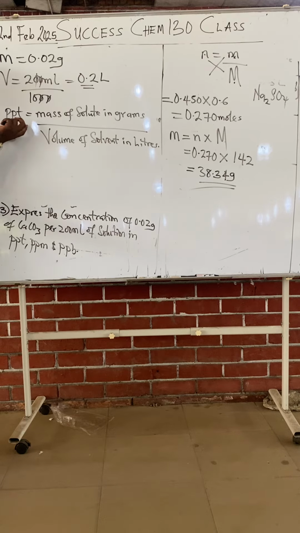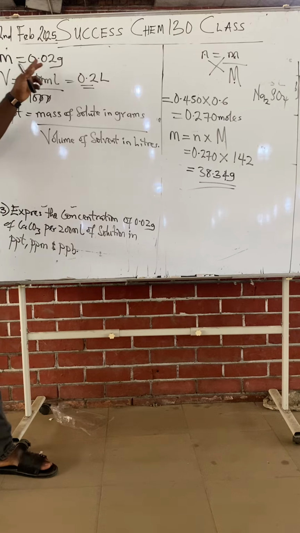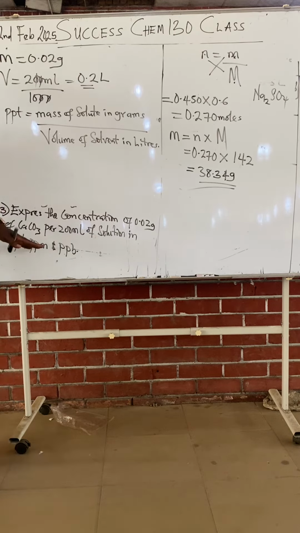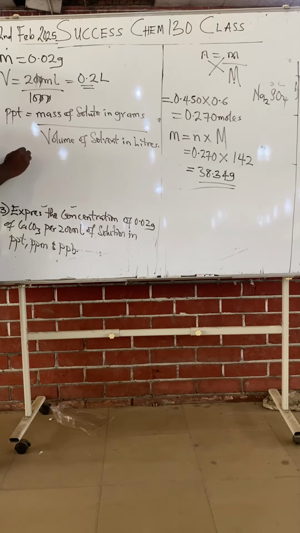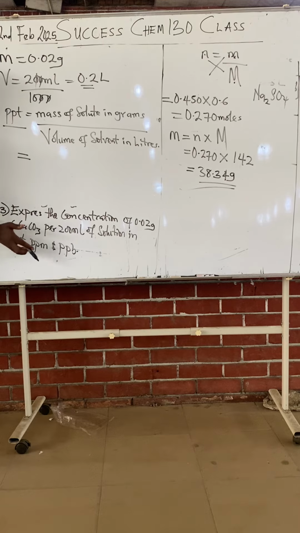When it says find the concentration of a solution in PPT, it is mass of solute in grams over volume of solvent in liters. Our mass of solute is already in grams, 0.02. Take it serious. This one is from your textbook. When they say express in PPT, those that came late, this question almost covers the things we did before you came in, which is PPT, PPM, and PPB.